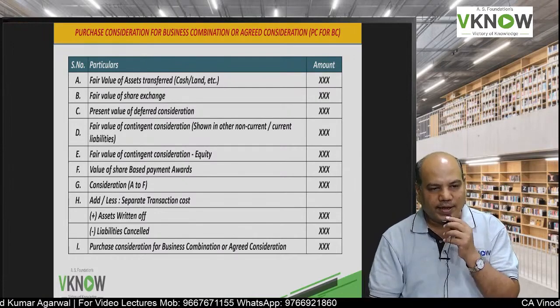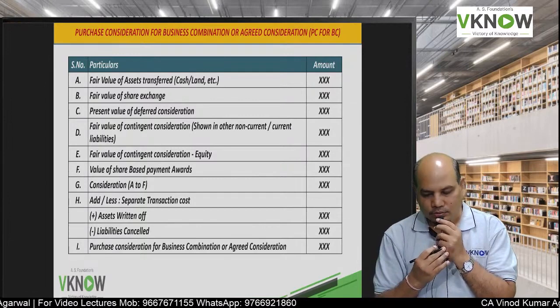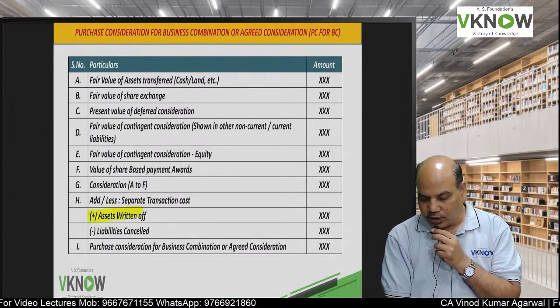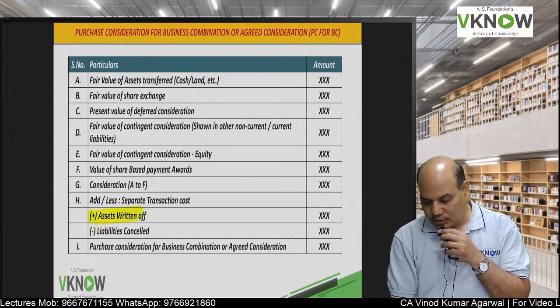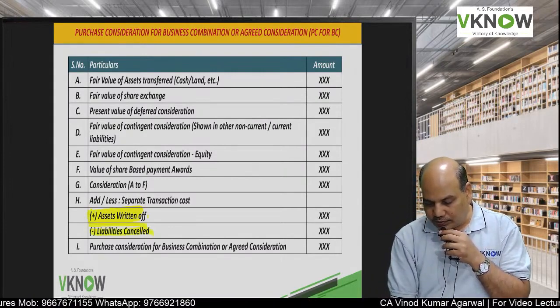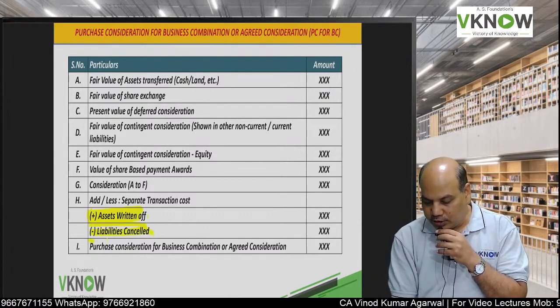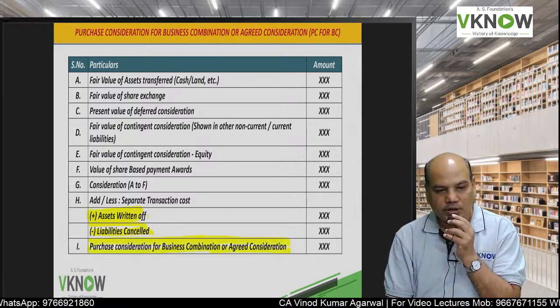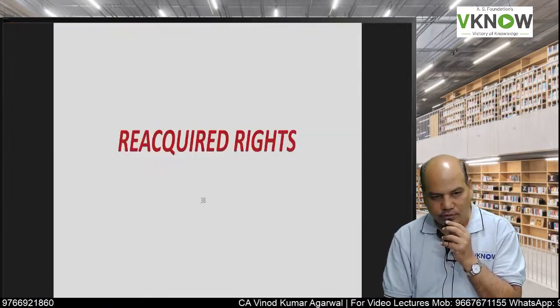So all those pre-existing relationships will also be closed. In that case we are going to make an adjustment. If any asset is written off, we will add, and if any liability is cancelled, we will deduct. This will give me purchase consideration for business combination, PC for BC, or agreed consideration.